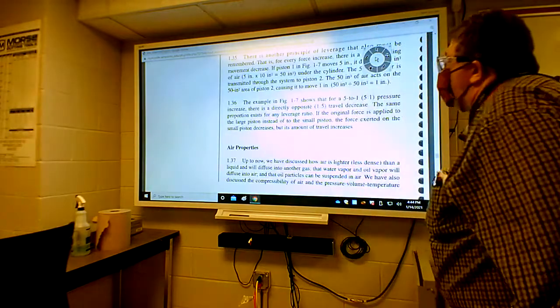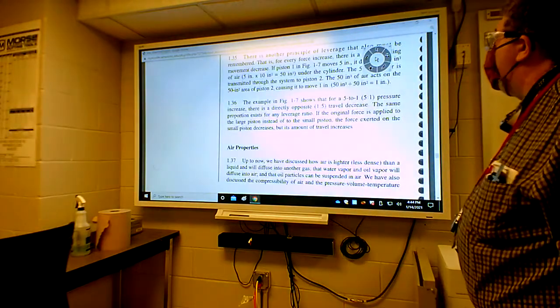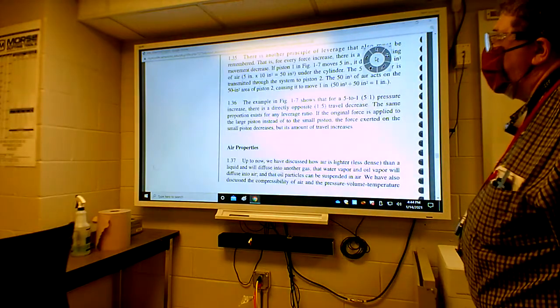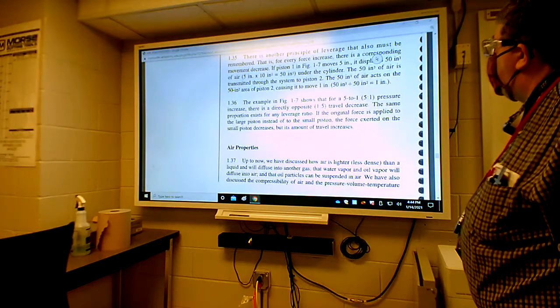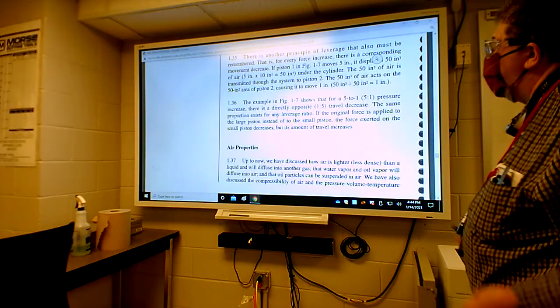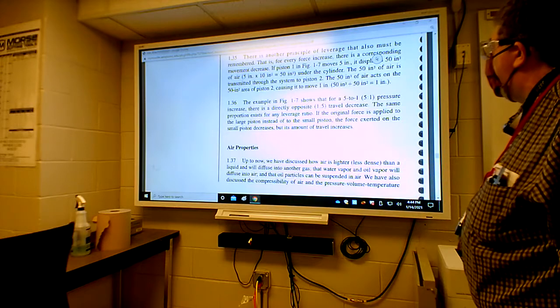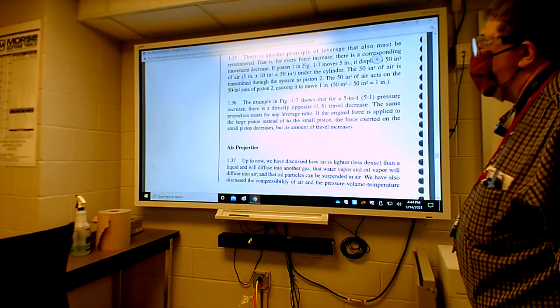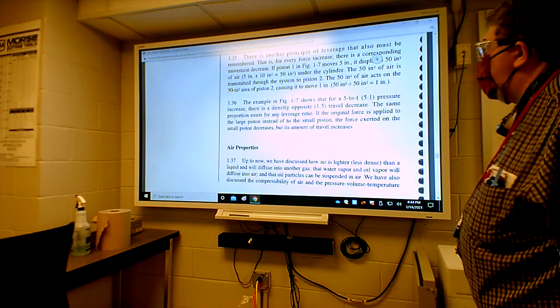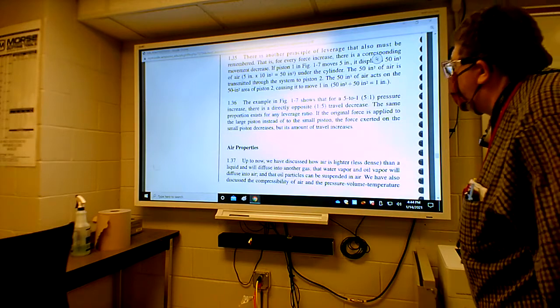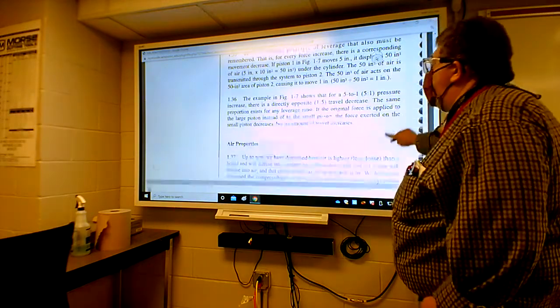So in example 1.7, it shows that for a 5-to-1 pressure increase, or ratio increase, there's a directly opposite travel decrease. The same proportion exists for any leverage ratio. Okay, and then you've got air properties.